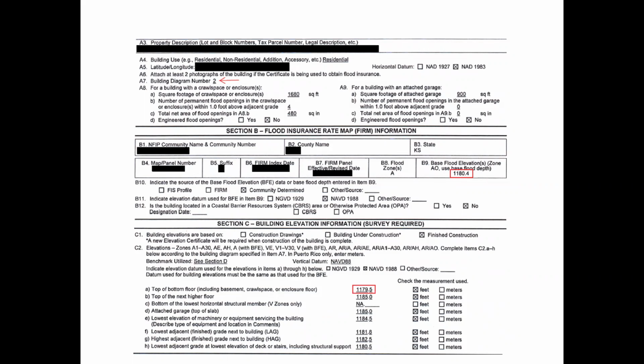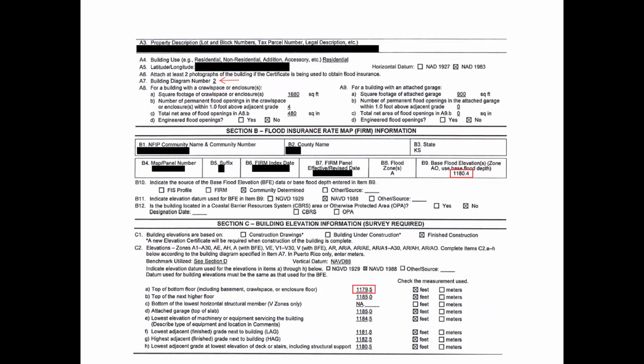So there is no mitigation credit for this, but it's also not compliant because in this case, they're calling the garage a crawl space, and there's not enough openings. So it should be 1 square inch of opening per every square foot of enclosed space. And it also says there that it's within 1 foot above the adjacent grade.